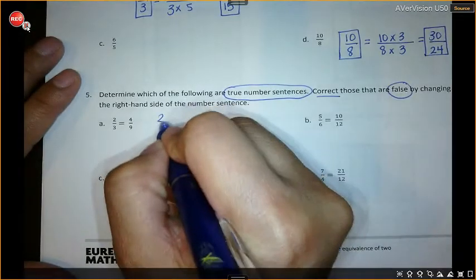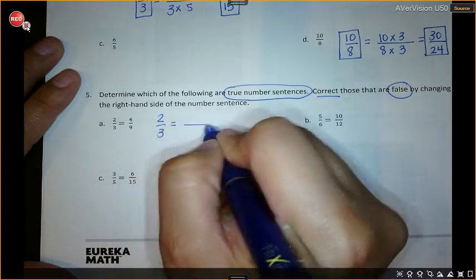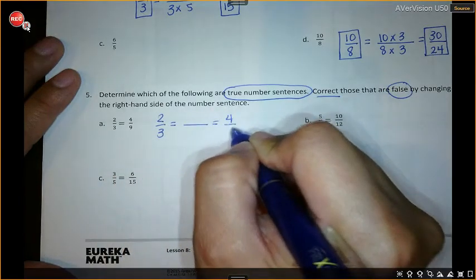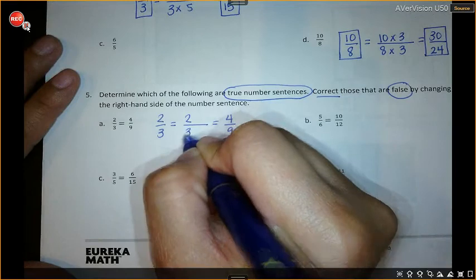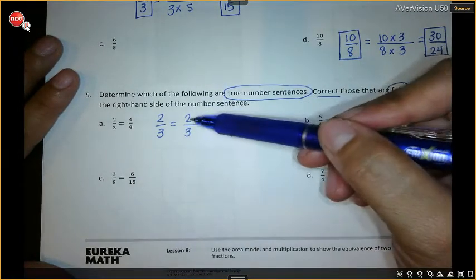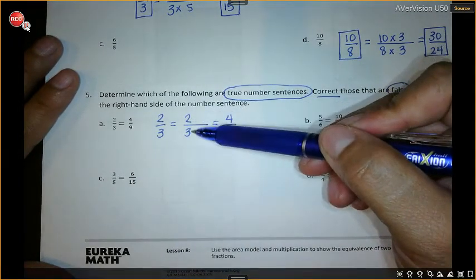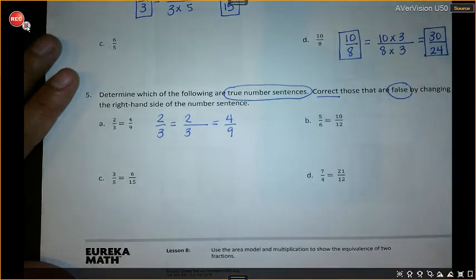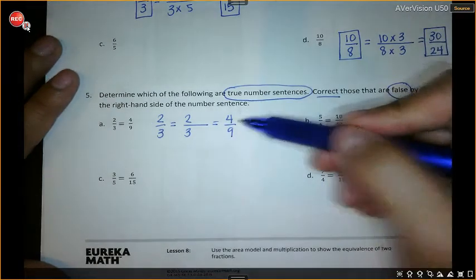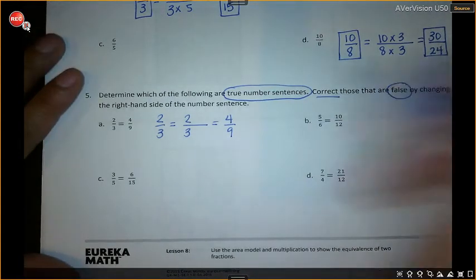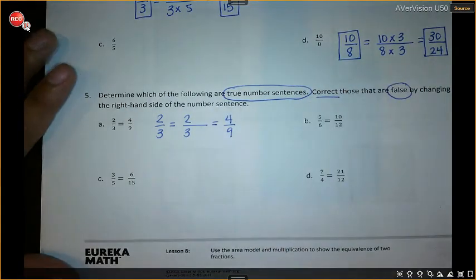So we're going to verify if 2/3 is equivalent to 4/9. Again, I'd like to remind you that when you multiply the numerator with a number, then the denominator has to be multiplied by the exact same number. If they're both multiplied with different numbers, then you did not create an equivalent fraction. How do we get from 2 to 4 using multiplication?